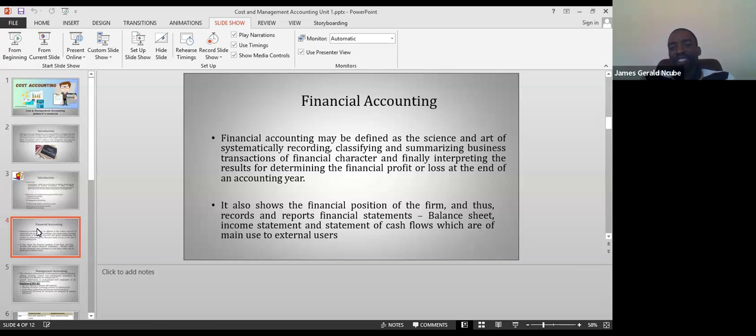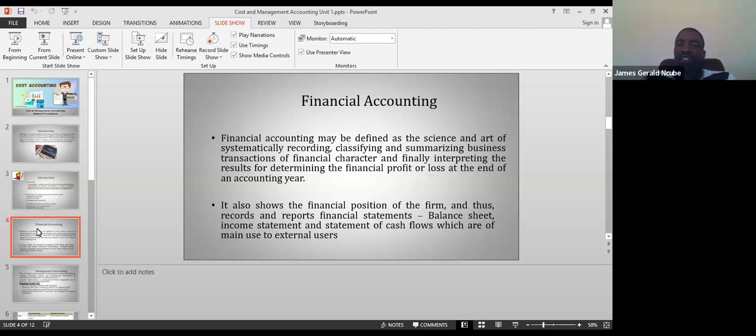And then finally, interpreting the results for determining the financial profit or loss at the end of an accounting year. So you'd see that financial accounting is mainly concerned with the determination of financial profit or loss at the end of any given accounting year.